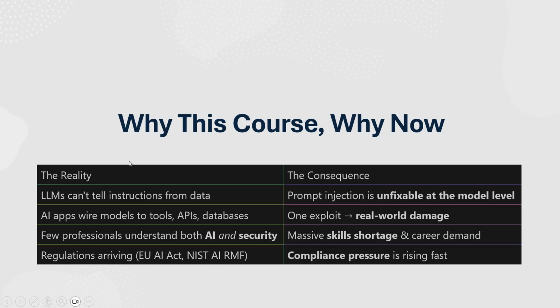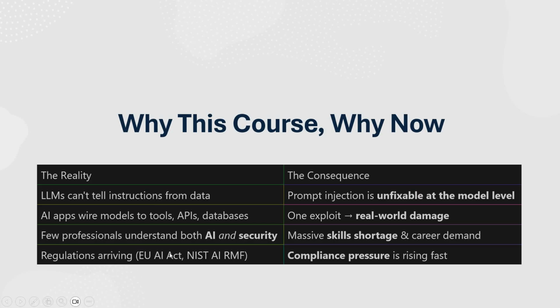Now, why this course? Why now? The reality is LLMs can't tell instructions from data. The consequence is that prompt injection is unfixable at the model level. AI apps wire models to tools, APIs, and databases, so one exploit means real-world damage. Few professionals understand both AI and security, so there is a massive skills shortage, and it's a career in demand.